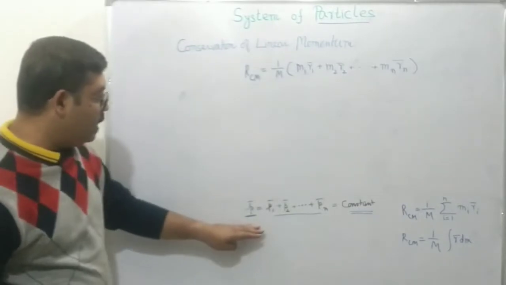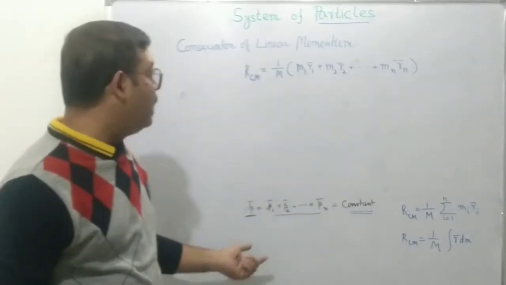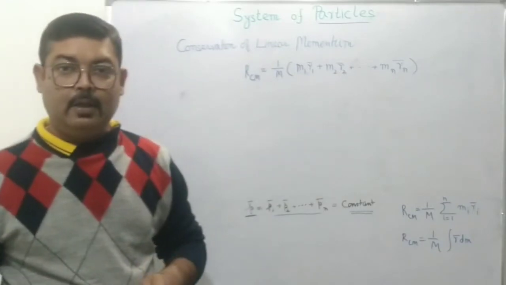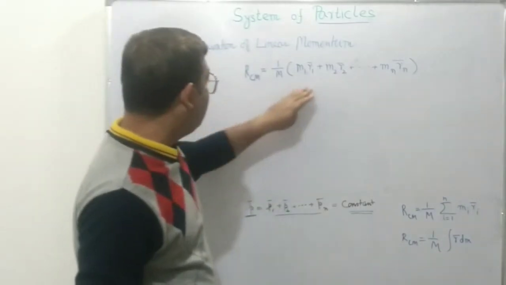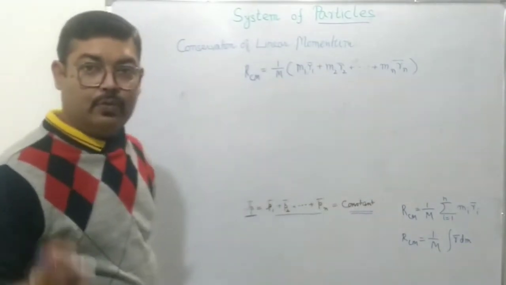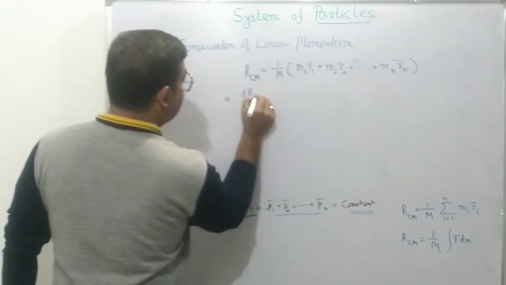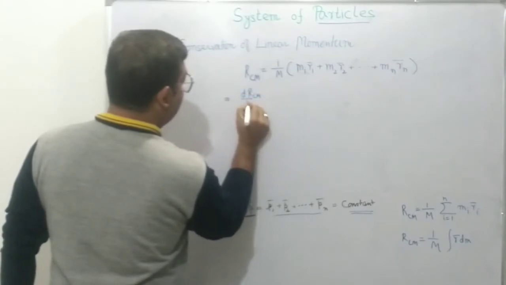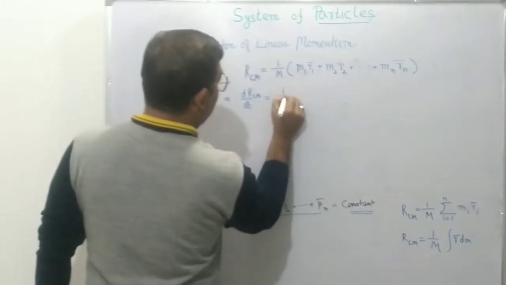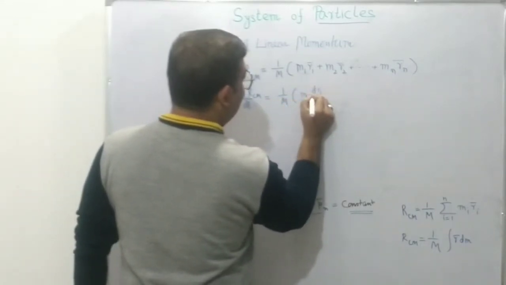Alright, so we have seen that net momentum remains conserved, right? It remains constant if there is no external force acting on it. Now, if we go back to the expression for center of mass for an n particle system, this is the expression. So, if we differentiate both sides with respect to time, dRcm by dt must be equal to 1 by m into m1 dr1 by dt.